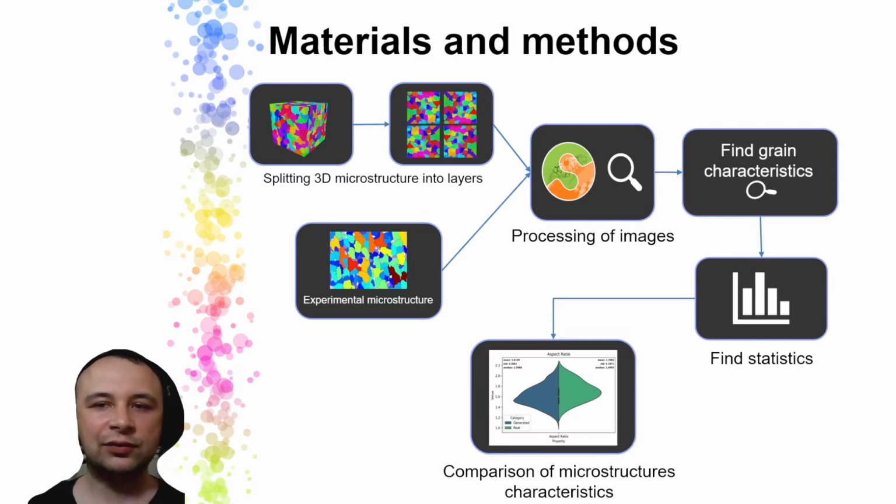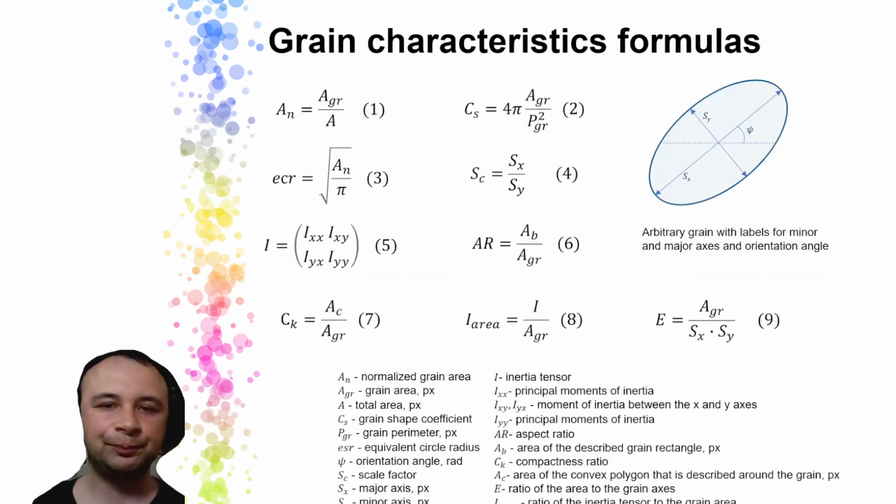After that, we collect this data, calculate the descriptive statistics of such characteristics, and compare the experimental data with the artificially generated data using violin plots that you can see on the bottom of this picture.